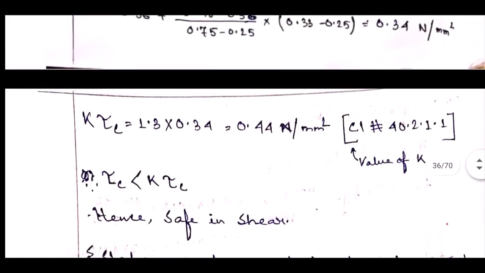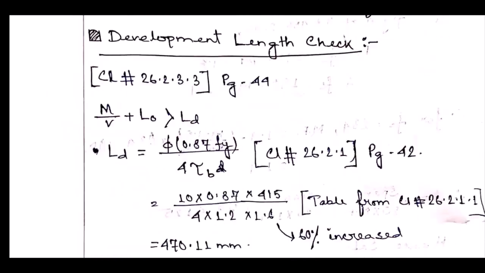Okay, so let's go to the next step. The next step is the development length check. For the development length check, we have to go to clause number 26.2.3.3, page 44. From this clause we get the formula M1 by V plus L0 is greater than or equal to LD.